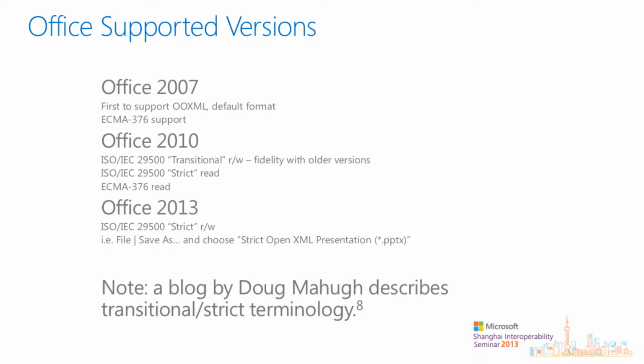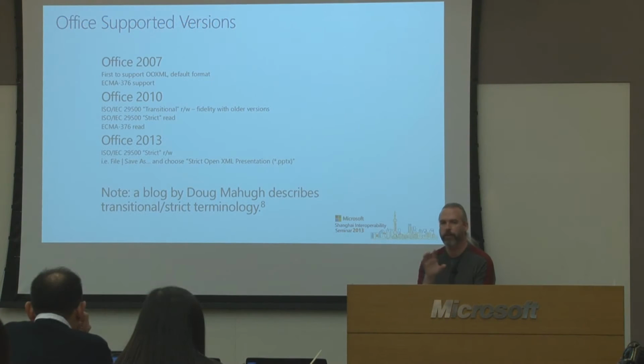I'm going to talk about each of the parts in sequence. Part 4 of the OOXML standard contains the transitional elements that match up with the components of the older formats. And this allowed migration to the new format without losing backward compatibility.